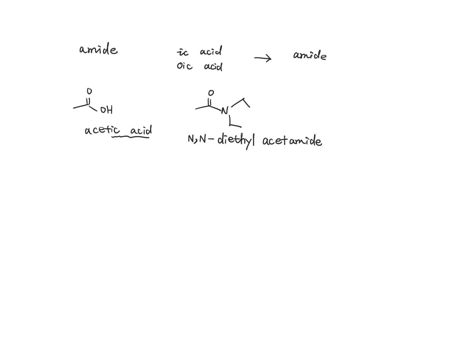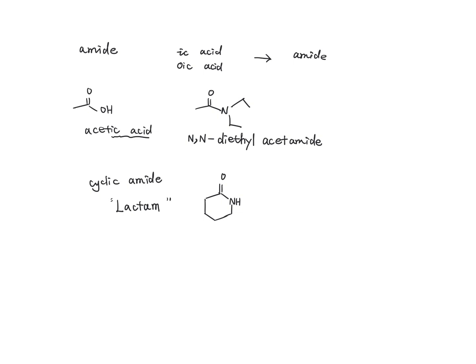The next amide we are going to look at is when the amide is a cyclic amide. A cyclic amide has a very special name called lactam. You do need to know that when you hear lactam, you should recognize that it is a cyclic amide. For example, this amide we are looking at here is a cyclic amide.